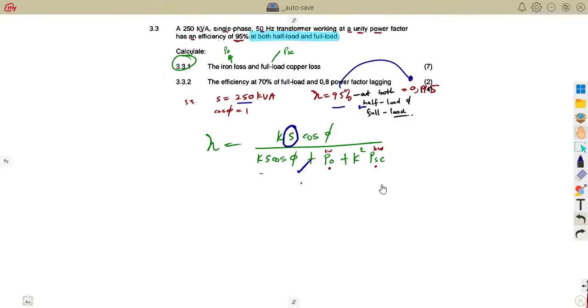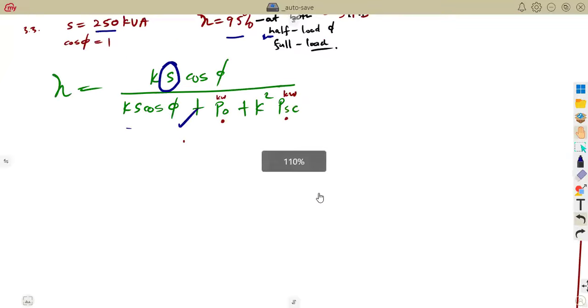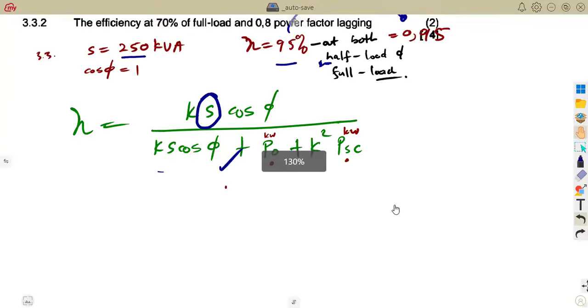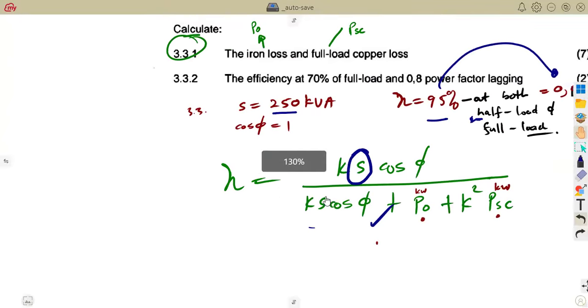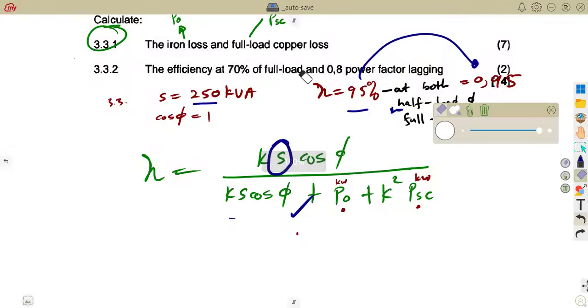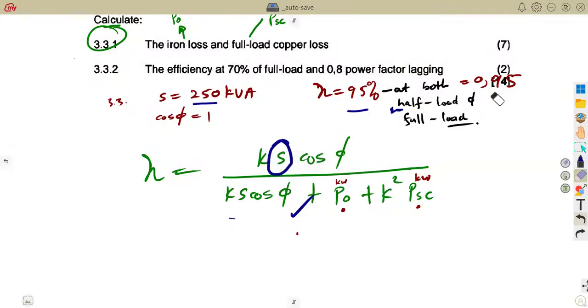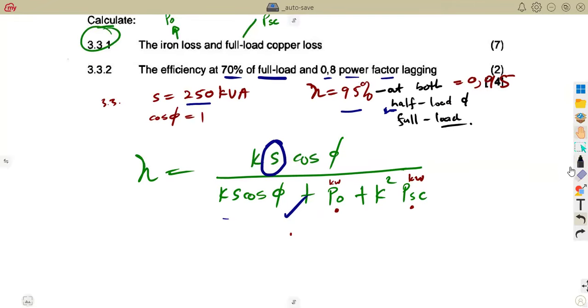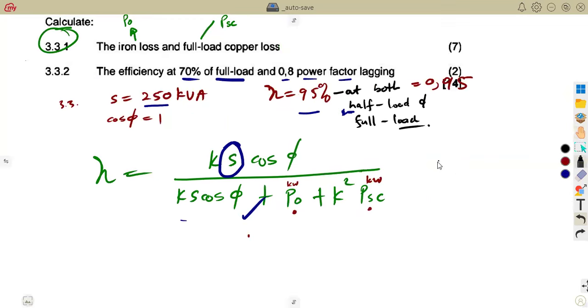So now our question was to calculate this efficiency, but they are saying at 70%, at 70% full load, 0.8 power factor lagging. So our power factor is 0.8, which is our cos phi.